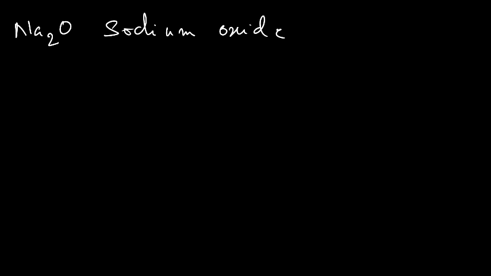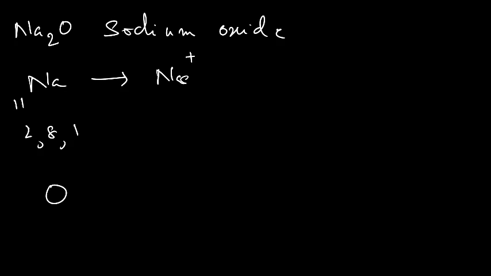Now let us discuss one more substance, sodium oxide. So we have already discussed that sodium with atomic number 11, configuration 2,8,1, loses 1 electron and becomes Na plus. That means it has 1 unit of positive charge.